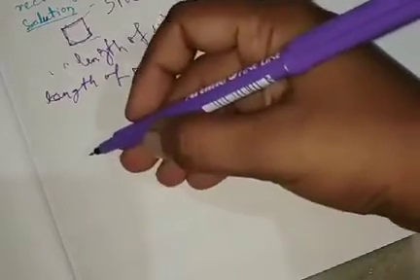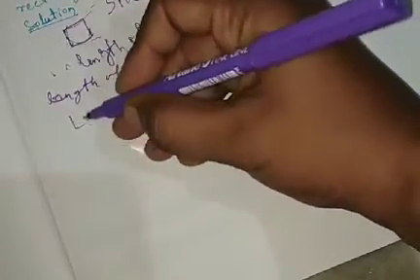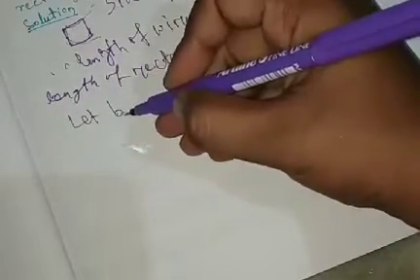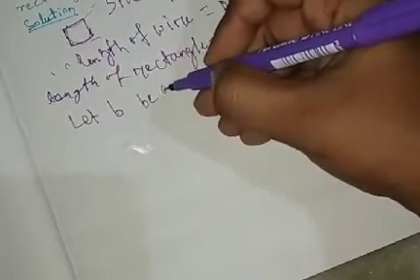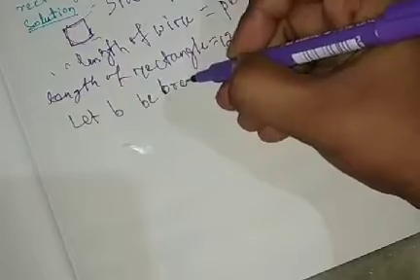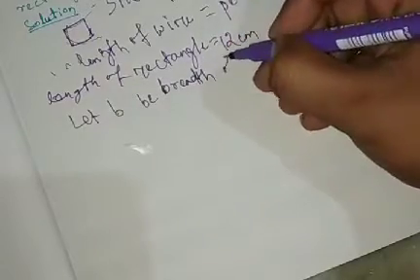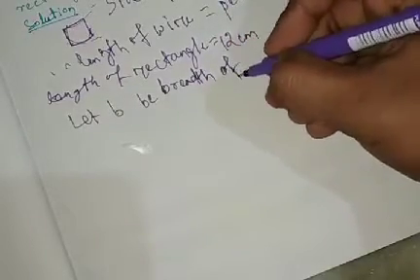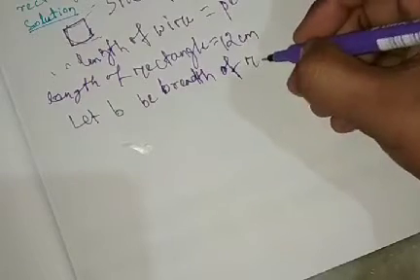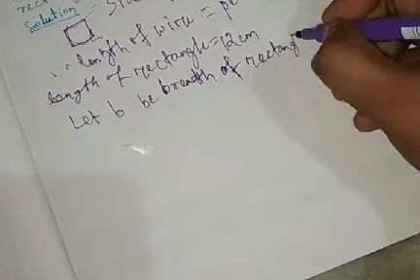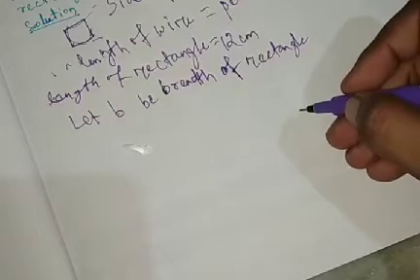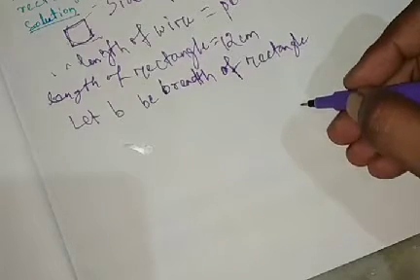So let B be breadth of rectangle. So perimeter of rectangle is how much?